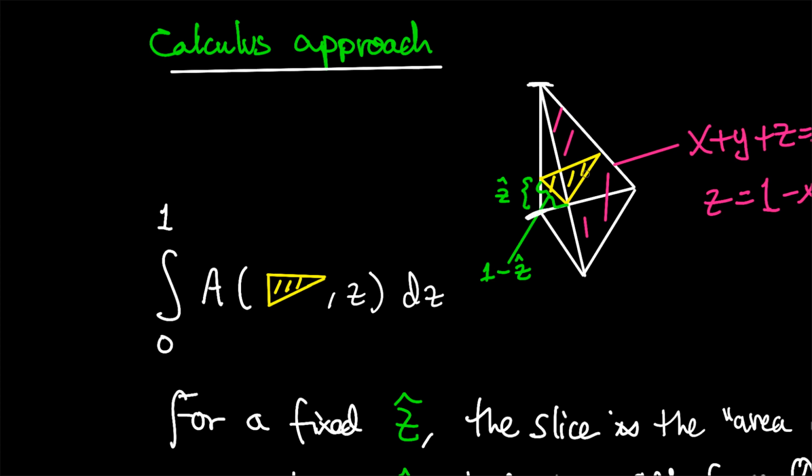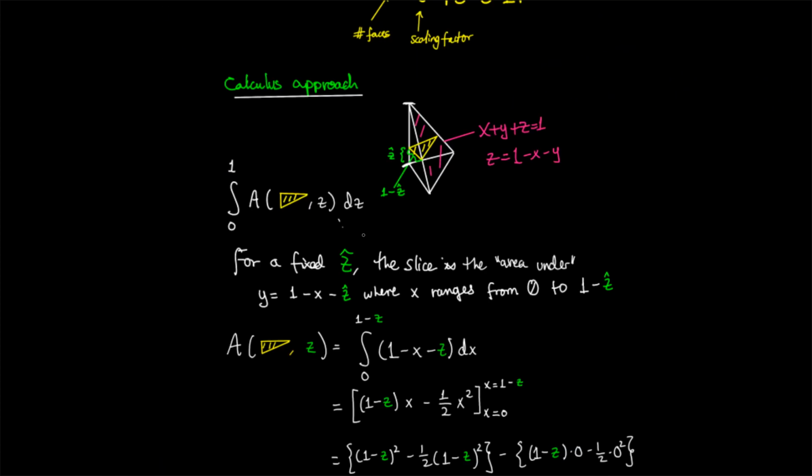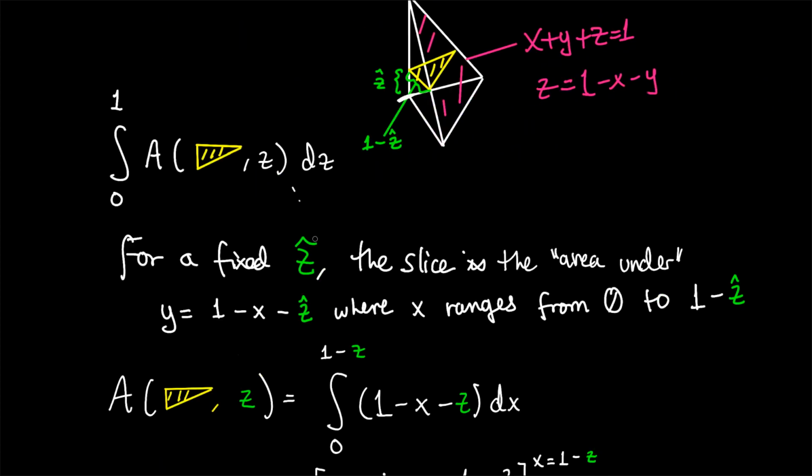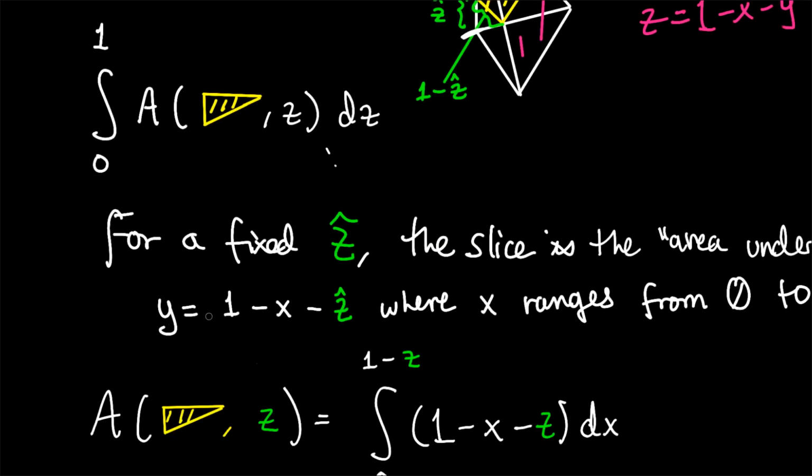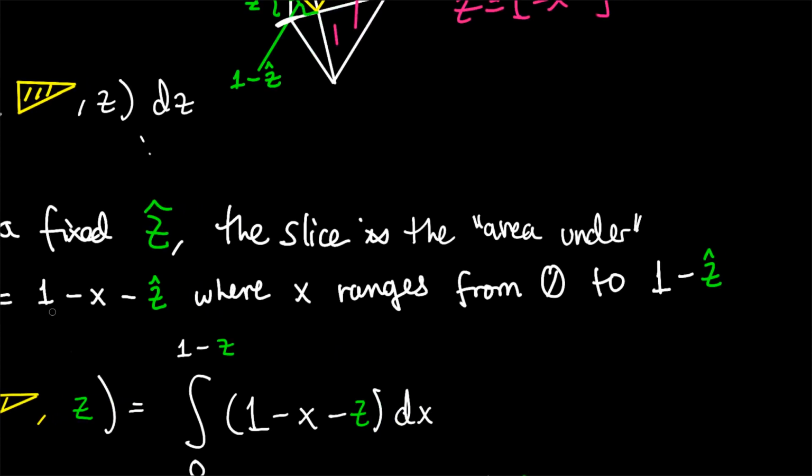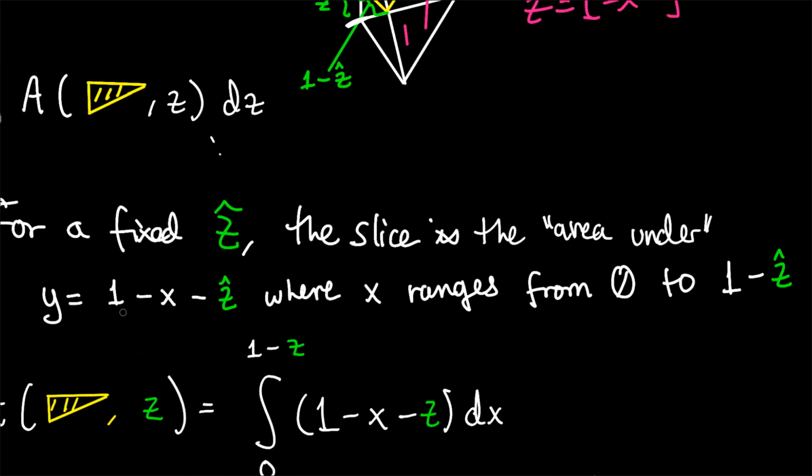Of the area of this little yellow triangular slice, which depends on z, the integral of that with respect to z. For a fixed z hat, the slice is the area under y is equal to 1 minus x minus z hat, where x ranges from 0 to 1 minus z hat.